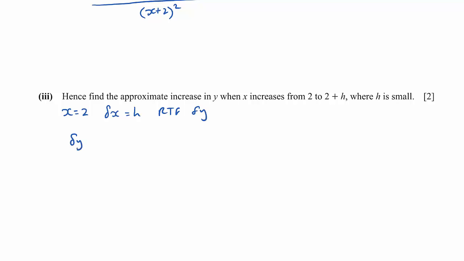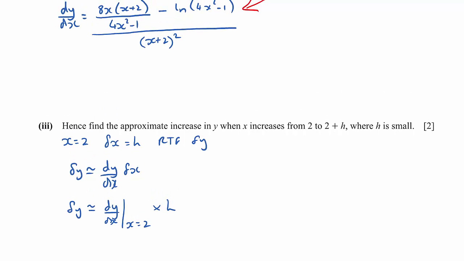Well, we know that delta y is approximately dy/dx multiplied by delta x. And in this case, that's going to be dy/dx when x is equal to 2, and then we're going to multiply that by h.